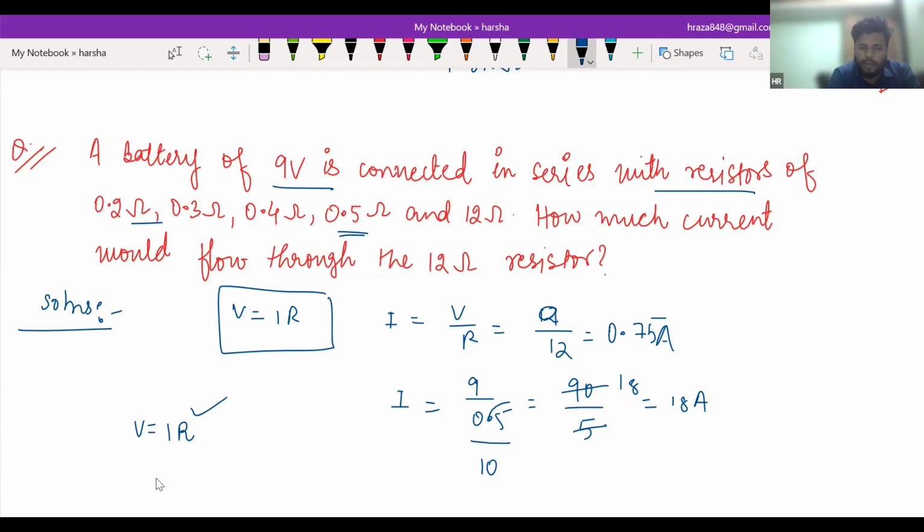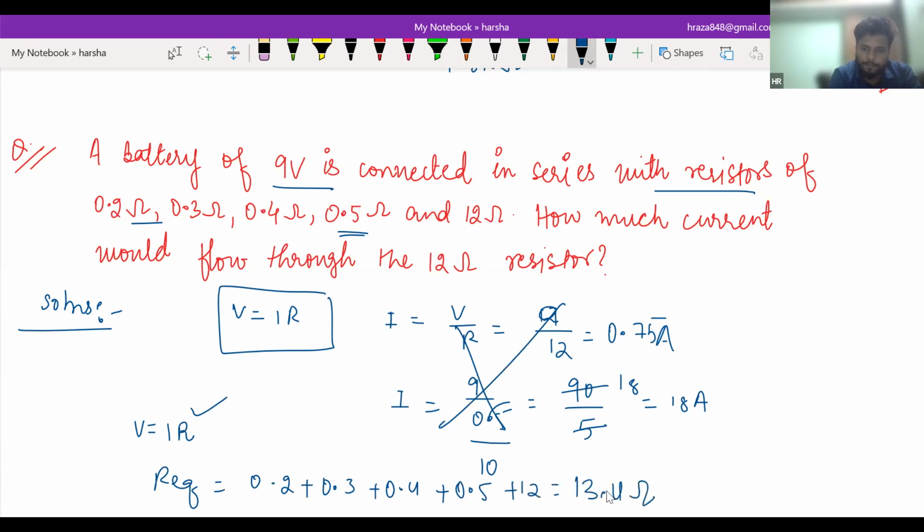First of all, we calculate R equivalent, which is equal to 0.2 plus 0.3 plus 0.4 plus 0.5 plus 12, which will be almost 13.4 ohm. Now we apply the formula V is equal to IR, I is equal to V upon R, which means V is 9 and R is 13.4, and you will get 0.66, which means 0.67 ampere. Okay.